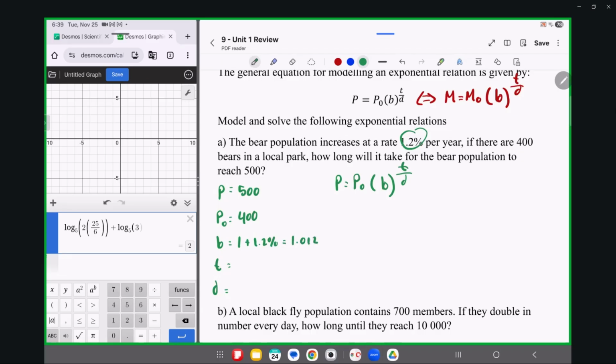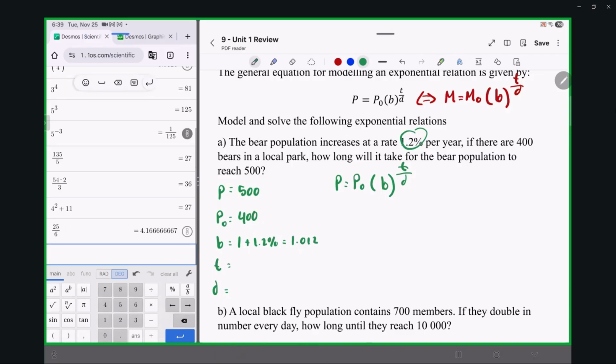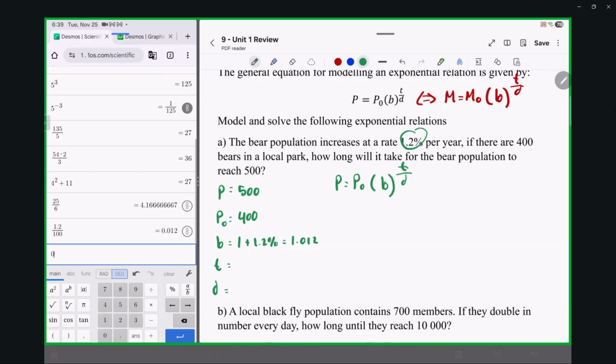So convert that percent into a decimal. That would be 1.2 divided by 100. So we get 0.012, and then you add 1 to it, and that's going to be our base. The time, we don't know how long it's going to take. But this happens per year, so D is going to be equal to 1.